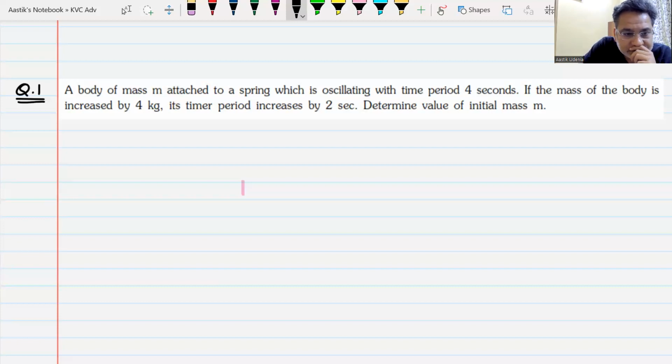Any hope of getting an answer? Sir, m is 4/3.